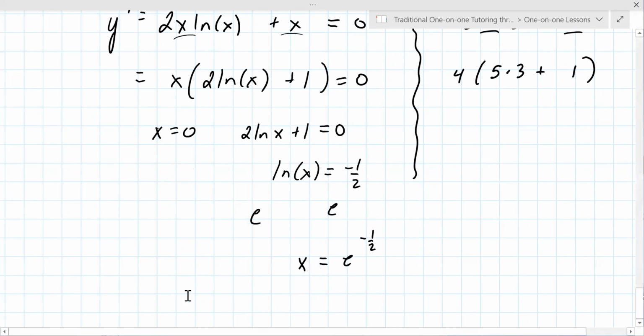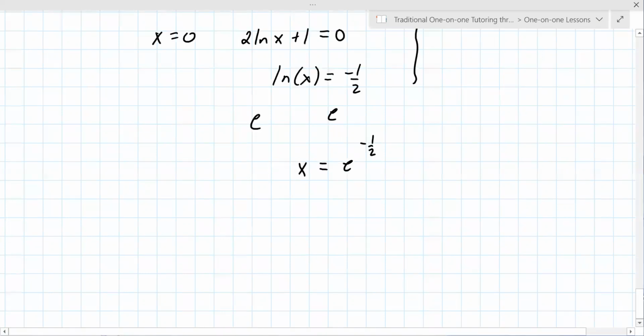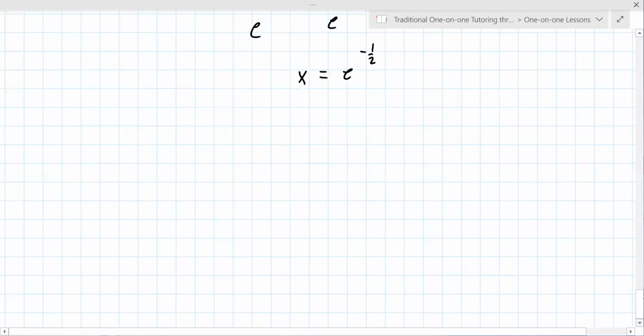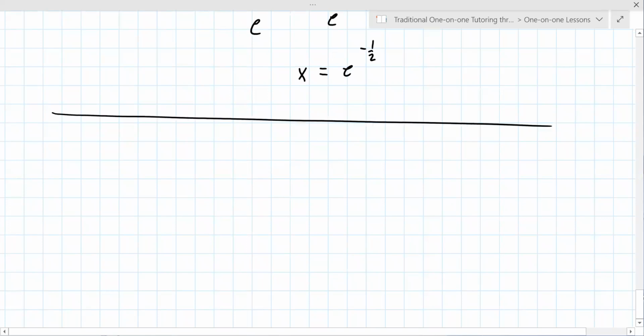And this is a very common question style where you have to reuse some of those trig skills. Then the critical points are those. Yes, yes.